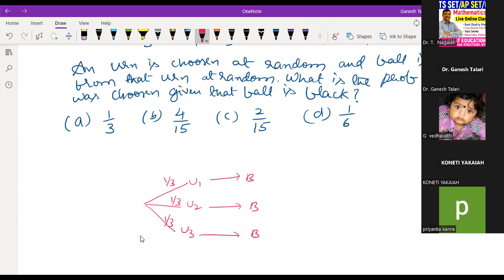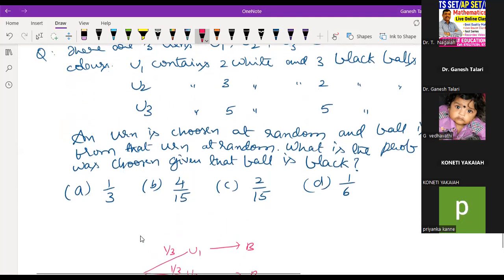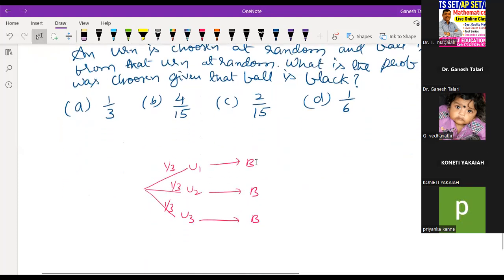How many blacks are there? Urn 1 has 3, urn 2 has 2, urn 3 has 5. The total is 5 balls in urn 1, 5 balls in urn 2, and 10 balls in urn 3.